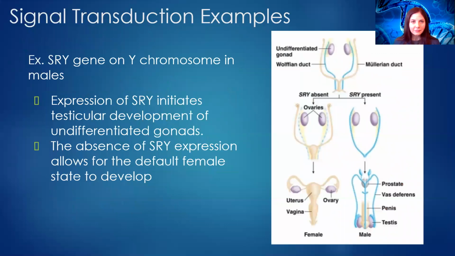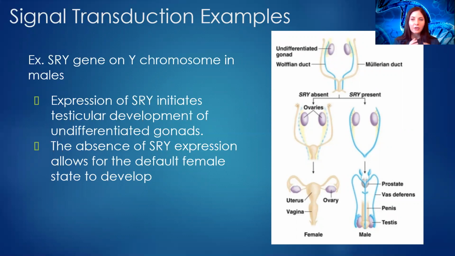Another example of signal transduction would be the SRY gene on the Y chromosome in males. Expression of that SRY gene initiates testicular development of undifferentiated gonads, meaning these are just our sex organs, and they will either become ovaries or they will become testes.